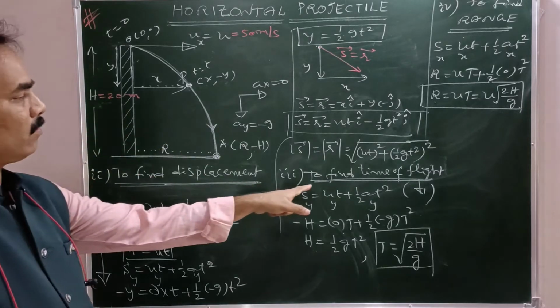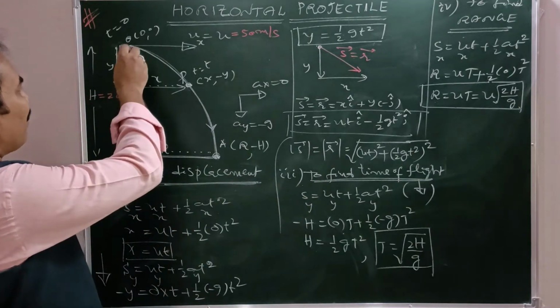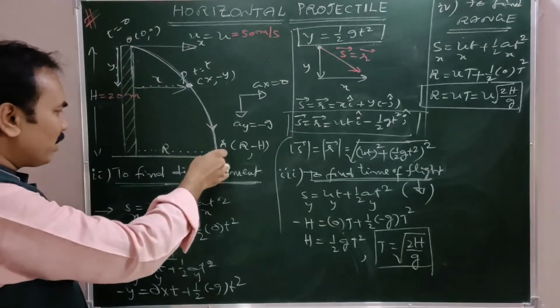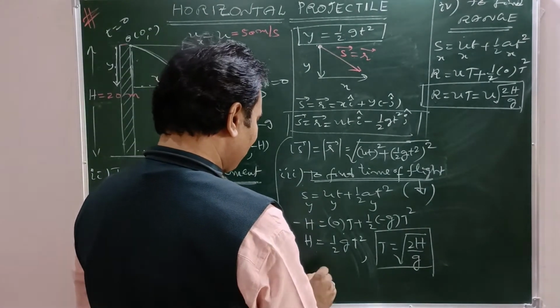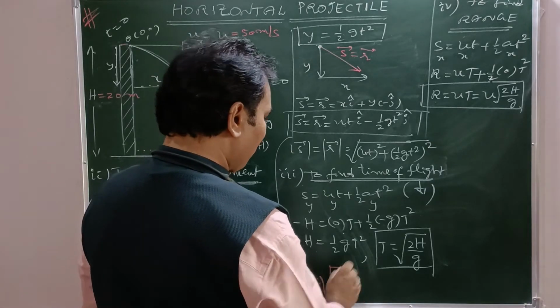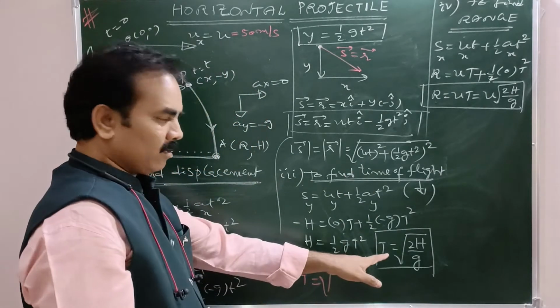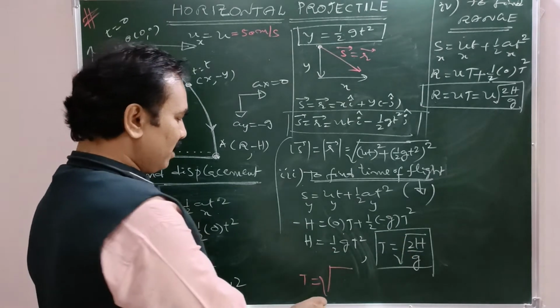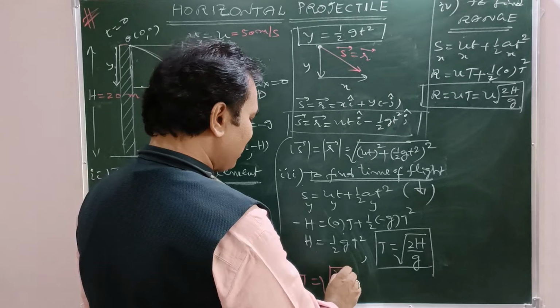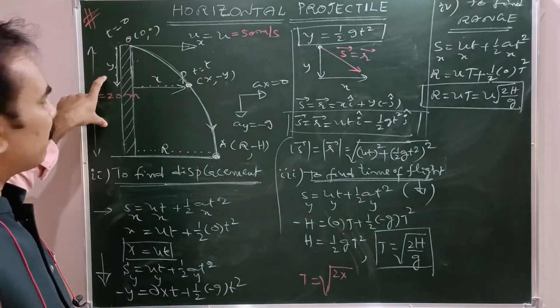Okay. Now, what is the time of flight? What is the time taken by the projectile to reach the ground? Means time of flight. That is t equal to root over 2h by g. 2 into h, h is 20 meter.